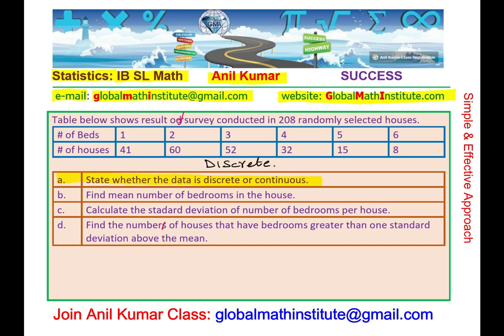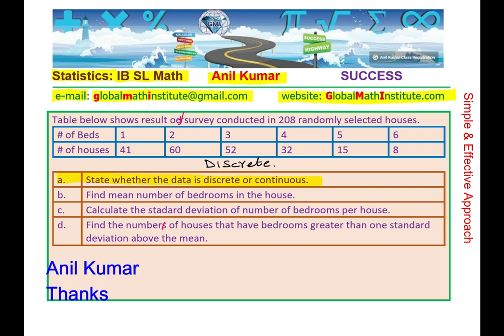Perfect. So it's discrete data for which we found the mean number of bedrooms. It was like a weighted mean, and then the standard deviation, and then the number of houses which are more than one standard deviation above the mean. I hope you've understood all these steps.